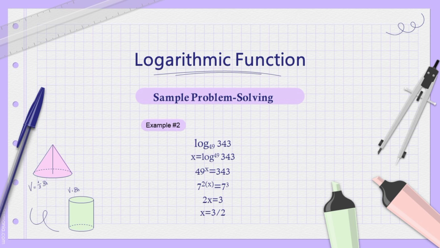Let's move on to the second example, which is log base 49 of 343. Just like what we did a while ago, we will just copy the step-by-step procedure of the first example. Copy 49 and raise it to the x power. Now we have 49 raised to x, then equal sign, and copy 343. We will think of a number that is the same for their base. How?